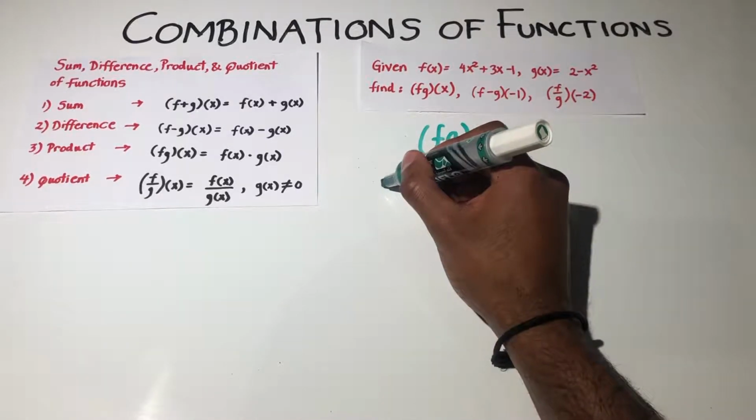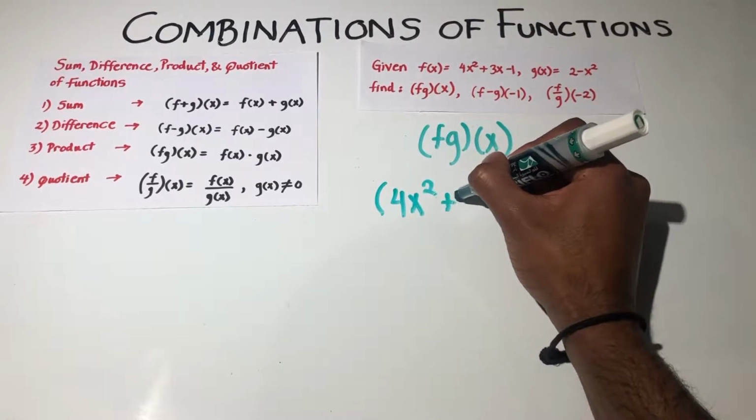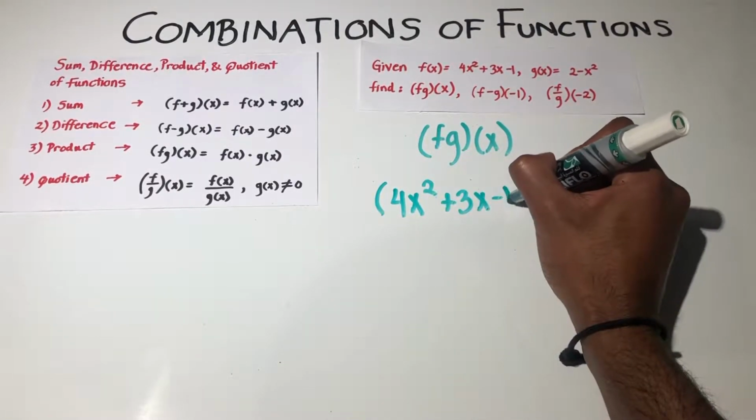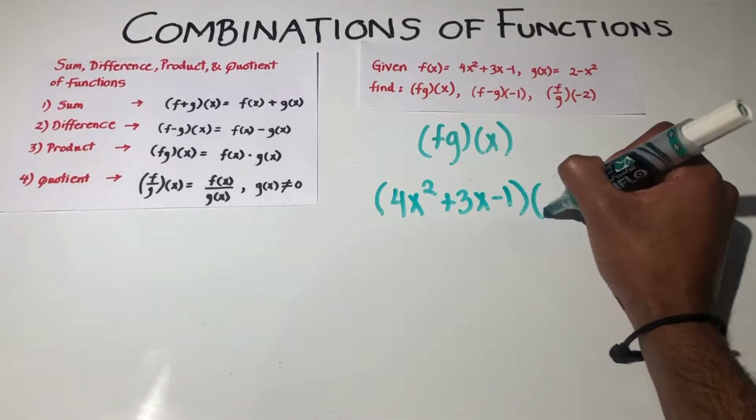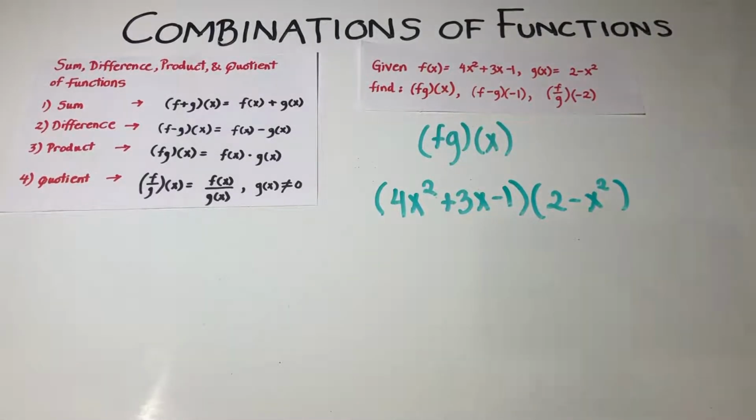So let's go ahead and do that. 4x squared plus 3x minus 1 times 2 minus x squared. We can apply the distributive property here.